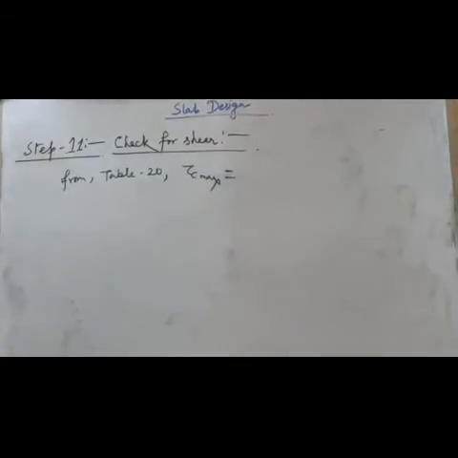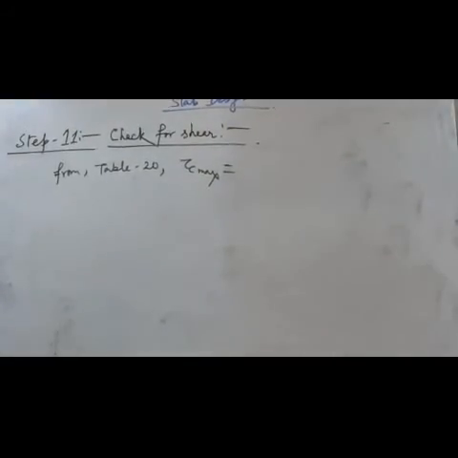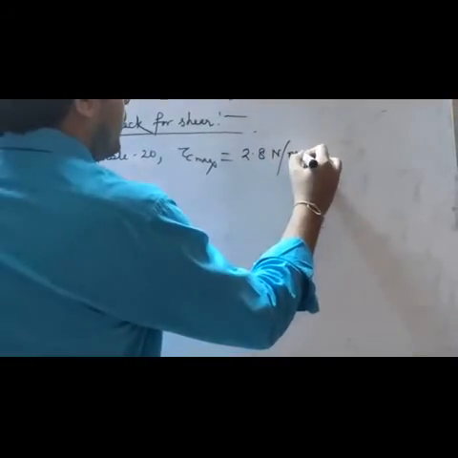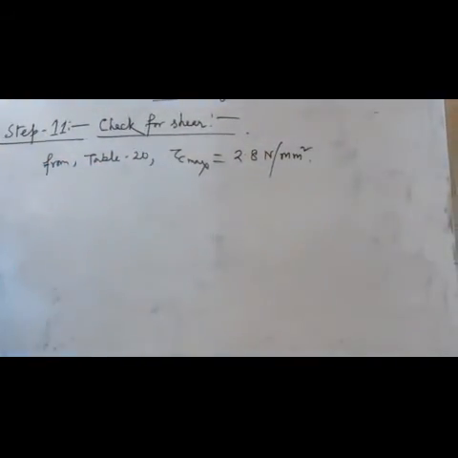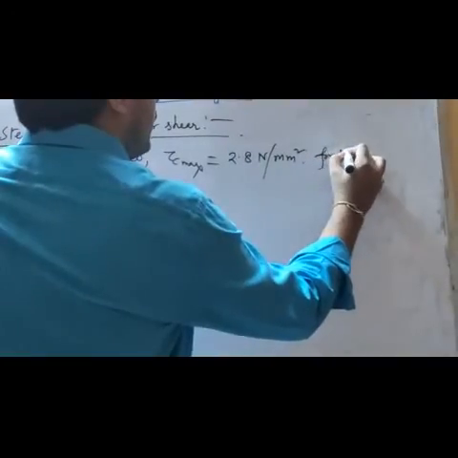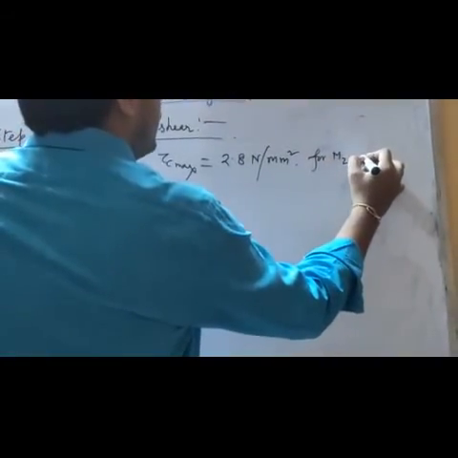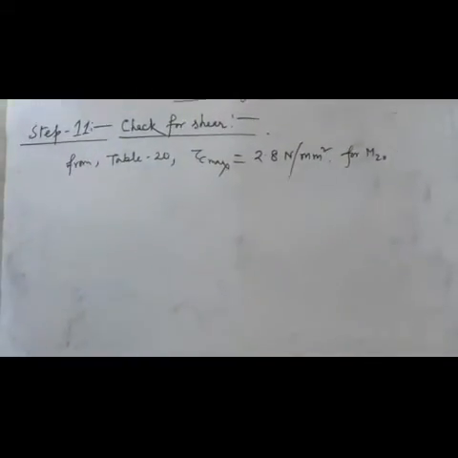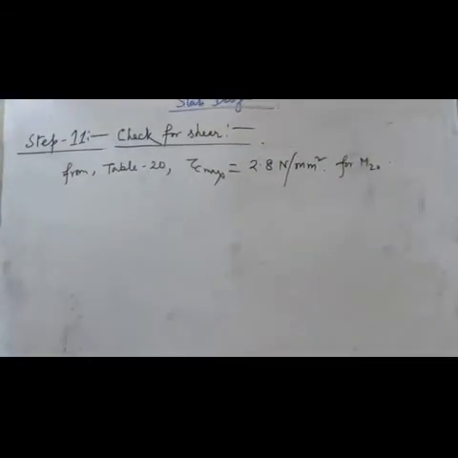Here the grade of the concrete is M20. So from the table you will get the value of tau c max as 2.8 Newton per millimeter square for M20 grade of concrete.